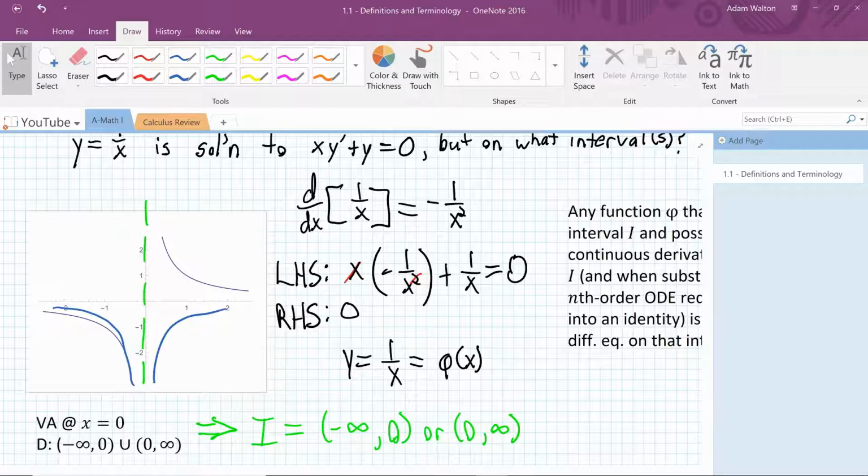It can be the same exact terms, 1 over x, but let's say we just want our interval 0 to infinity. Therefore we just want this portion of the graph. In terms of the solution curve, if our interval is 0 to infinity, this is not part of it.